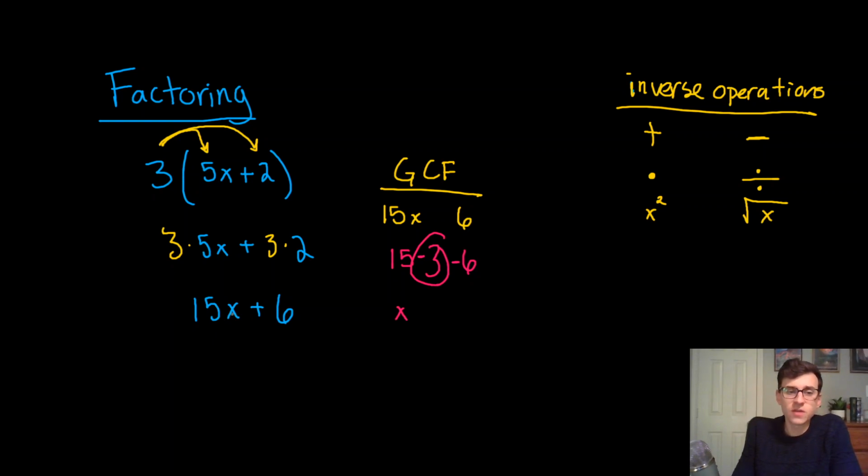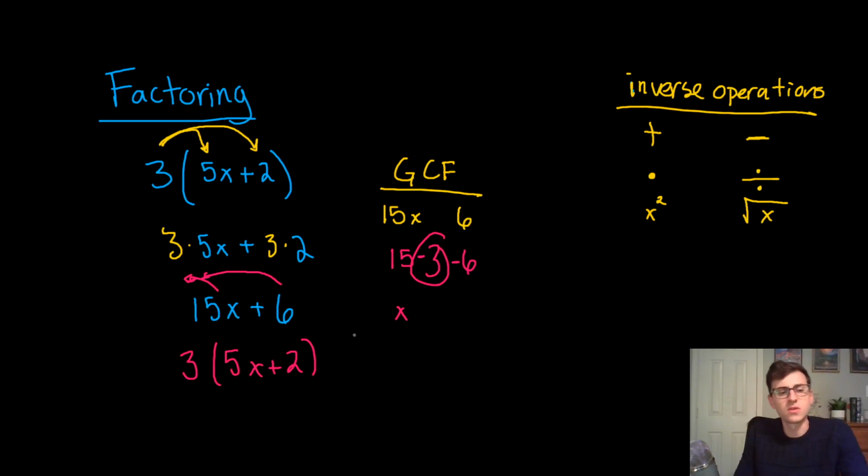So then to factor that 3 out, it's almost like I'm undistributing a 3 from both of these. And so I'm taking the 3 out and changing the inside to 5x plus 2. I'm dividing 15x by 3 and getting 5x, and I'm dividing 6 by 3 and getting 2.